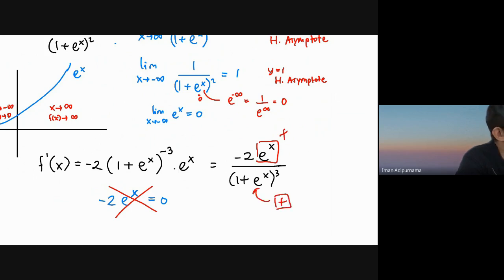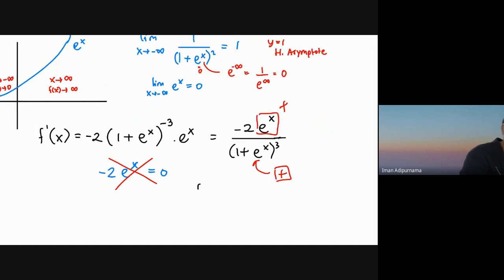So the function is always decreasing, right? So we can conclude from here that the function is always decreasing because the first derivative is always less than 0.